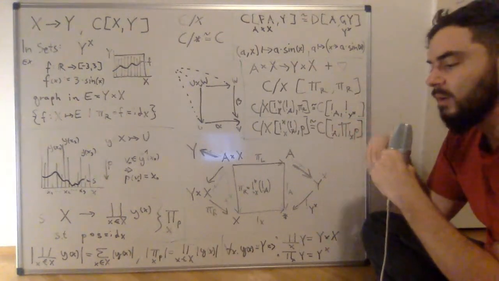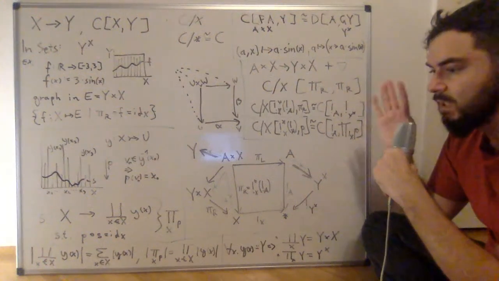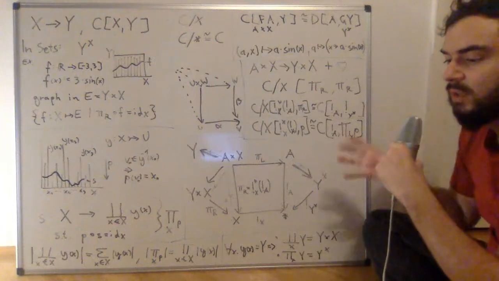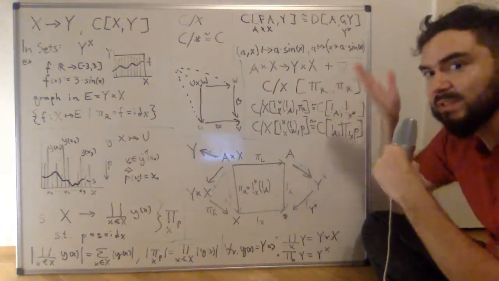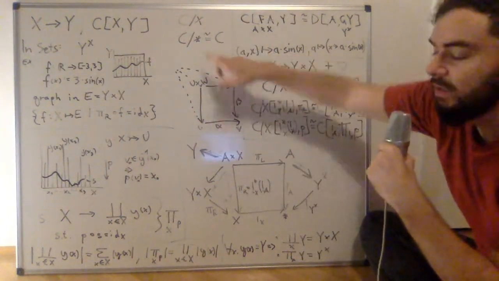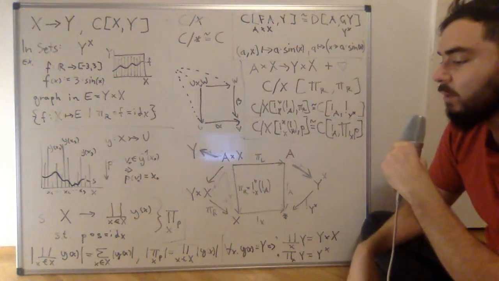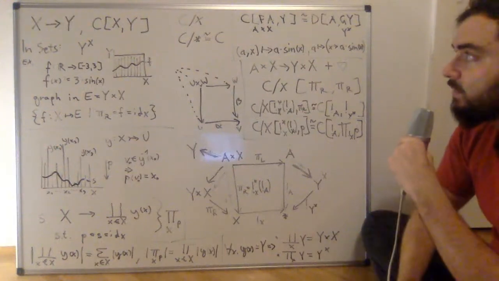For every set, let's call it B, there's only one function from the set B to a singleton set, namely the one that takes any element of B and maps it to the same single object. There's no other options. So I denote it with a star here. There's a conventional way of denoting these terminal objects, and the morphisms into it, the arrows into it, are called terminal morphisms.